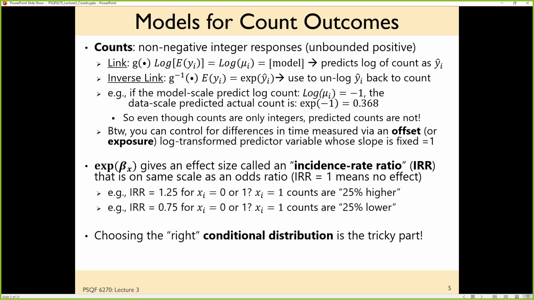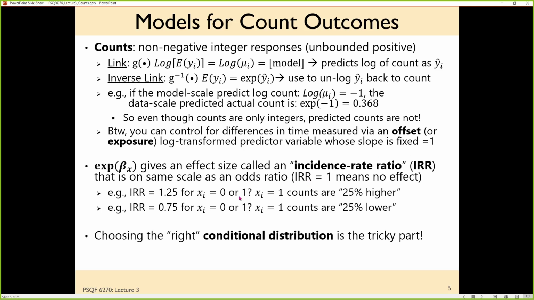Question. In the notation that you have there, when you say that IRR equals 1.25 for x sub i, that x sub i, it is a predictor? Yes. In my notation, Y is always an outcome and X is always a predictor.